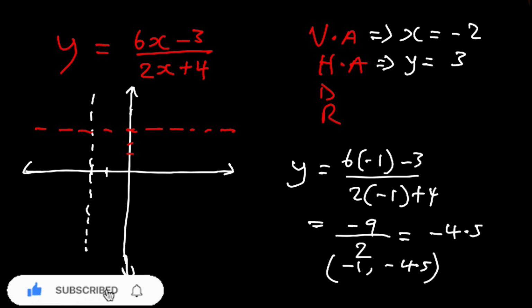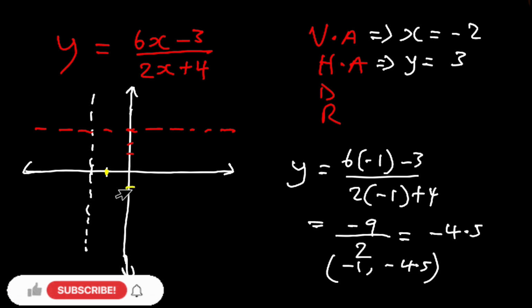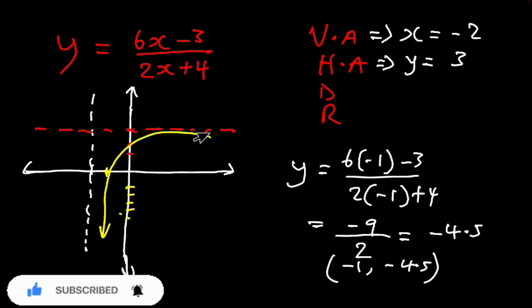Now if you graph this, you're going to see that here we have -1 for x, and y is -4.5, which is at this point: 1, 2, 3, 4, then 5. So the graph is going to be like this.